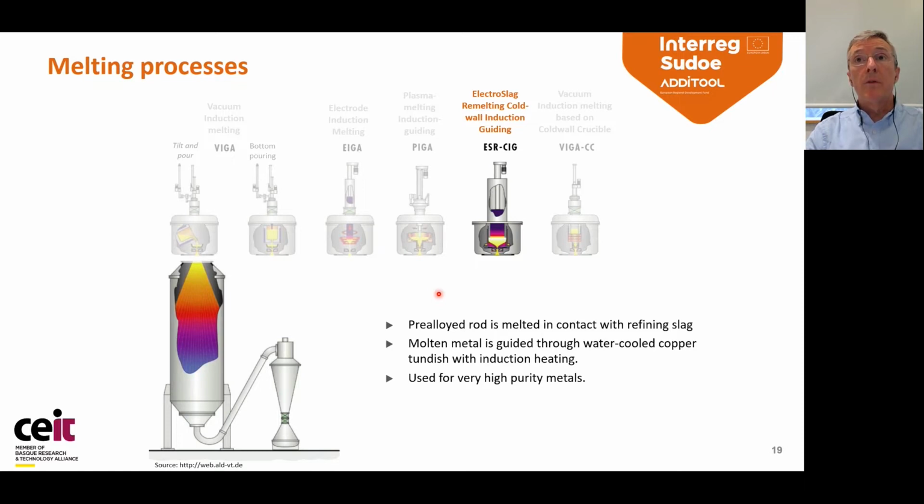Electroslag remelting with also cold wall induction guiding, exactly a similar principle to the previous one, but in this case the rod is melted in contact with a refining slag, which is a method used to obtain very pure, very clean compositions.